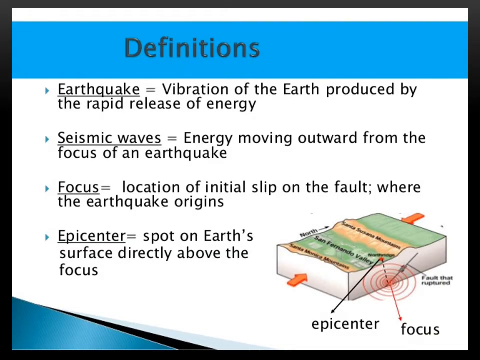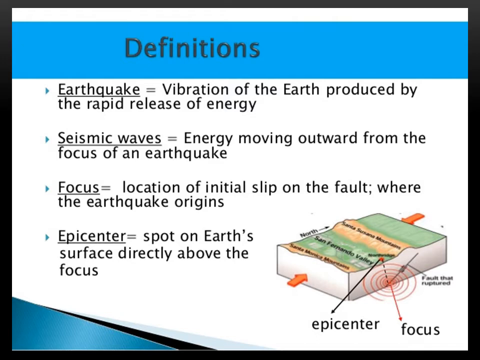As I have explained earlier, an earthquake is the vibration of the earth produced by the rapid release of energy. Seismic waves are waves of energy that travel through the Earth's layers and are a result of earthquakes, volcanic eruptions, magmatic movement, large landslides and large man-made explosions that give out low-frequency acoustic energy.